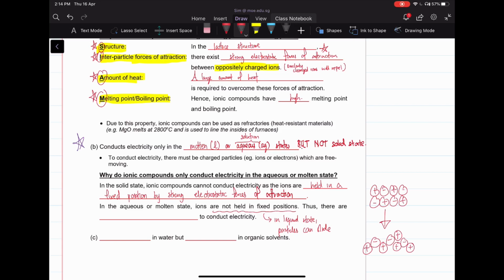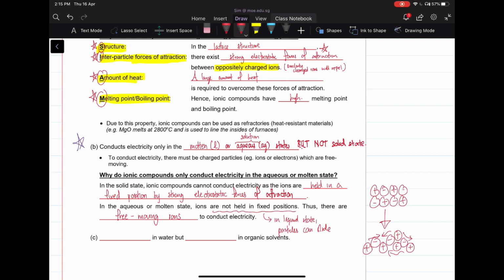The particles can move around, sliding across each other. When they slide across each other, they can carry the charge with them. So we say that there are free moving ions. We don't use the word mobile. We say that there are free moving ions. That means they are able to move around, and as a result, they can conduct electricity.